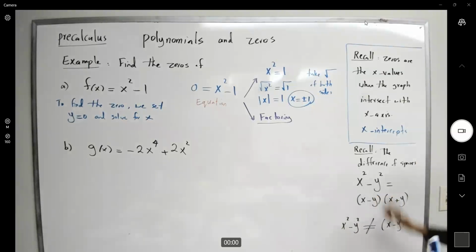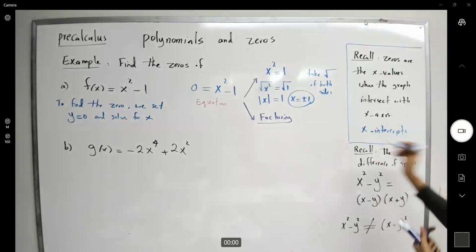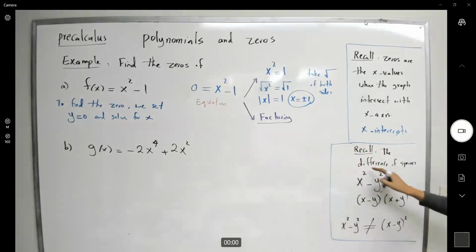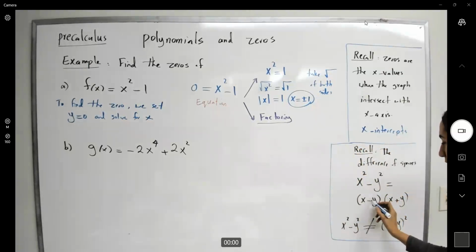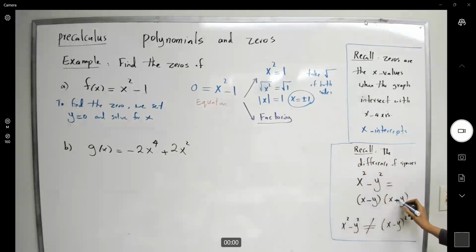This is a different story. It's called the difference of squares, which can be written as the multiplication of two linear expressions, x minus y times x plus y. Common mistake: x squared minus y squared is not the same as x minus y to the second power.